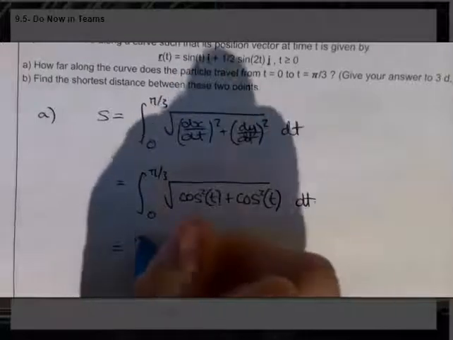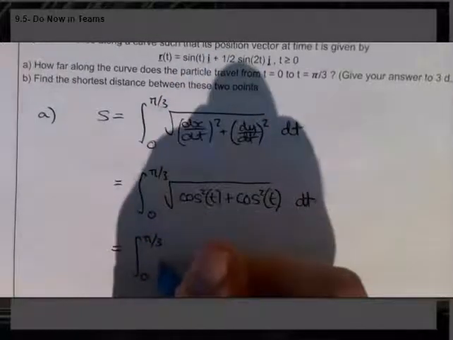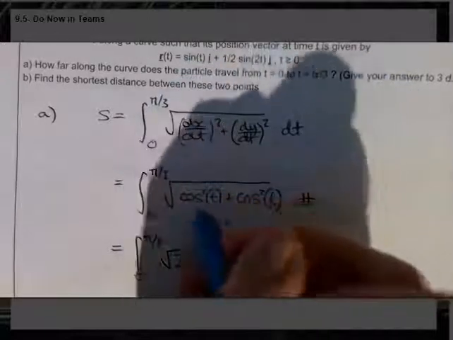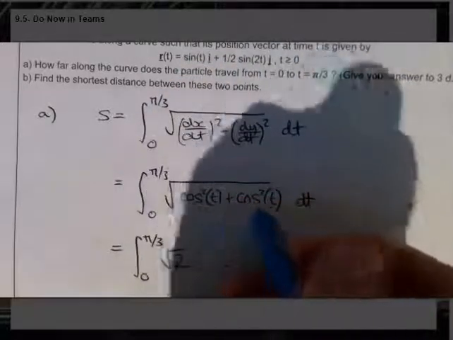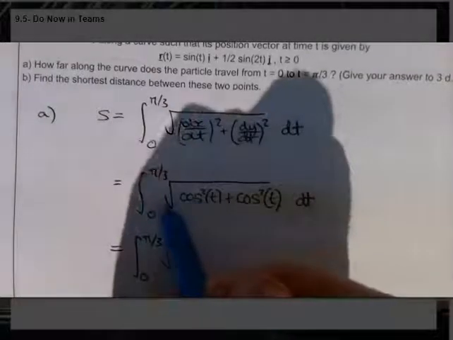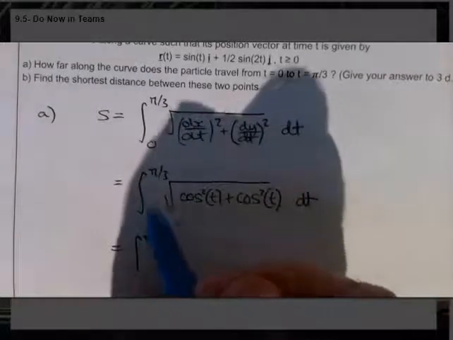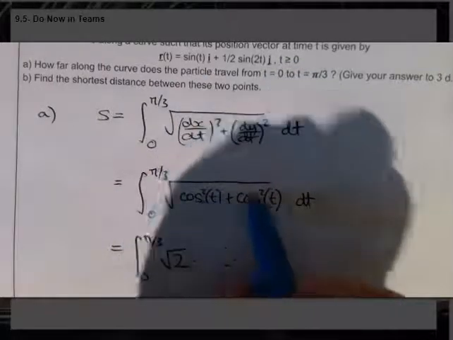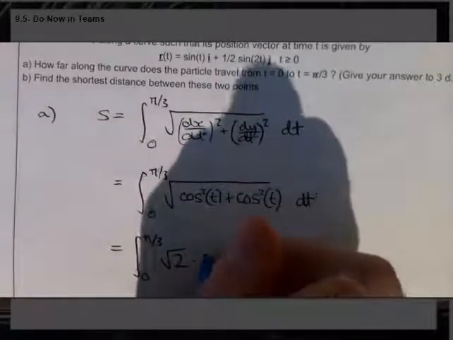But this is the integral of, it's going to be root 2 times, as I do the square root of cos squared, I've got to be a little bit careful because I need to know whether it's positive in this domain or not, but between 0 and pi over 3, cos is definitely positive.